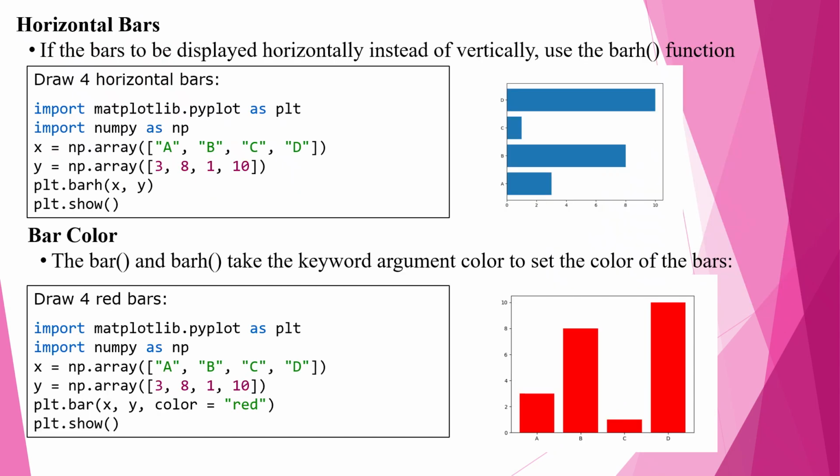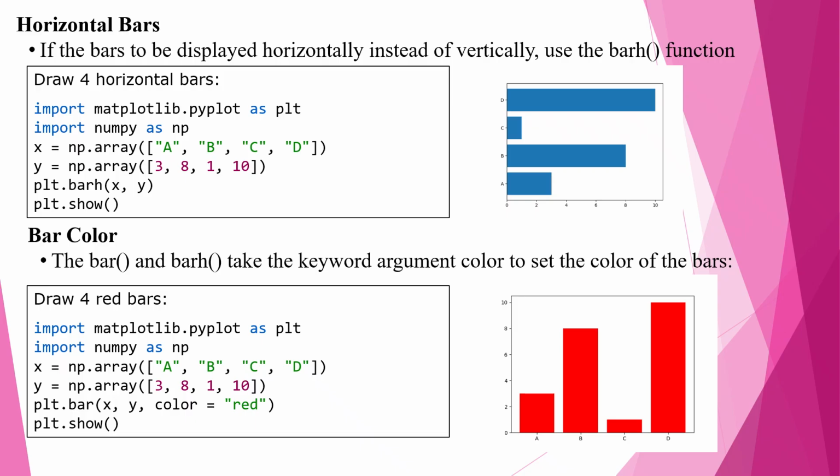This example shows how to create horizontal bar charts and customize their colors in Matplotlib. Instead of using the bar function for vertical bars, the barh function is used to display the bars horizontally, where the categories are placed on the y-axis and the values extend along the x-axis.